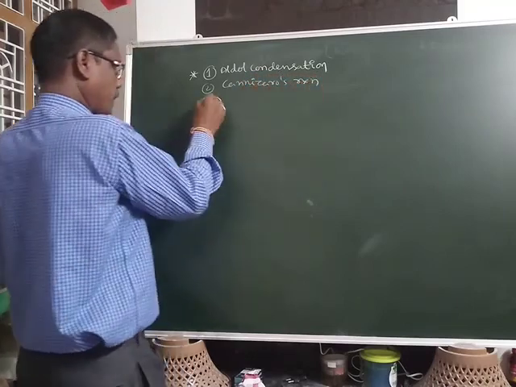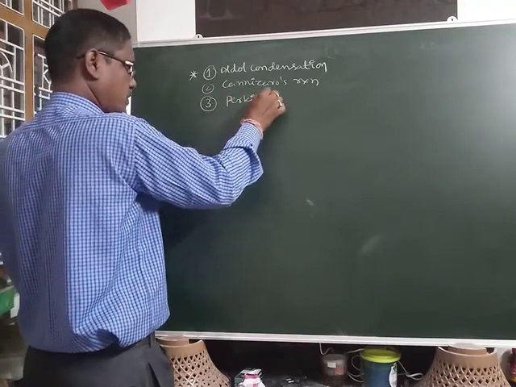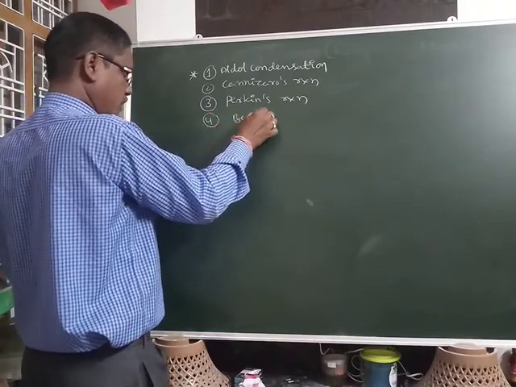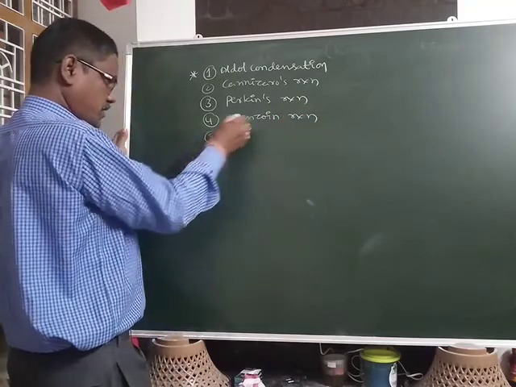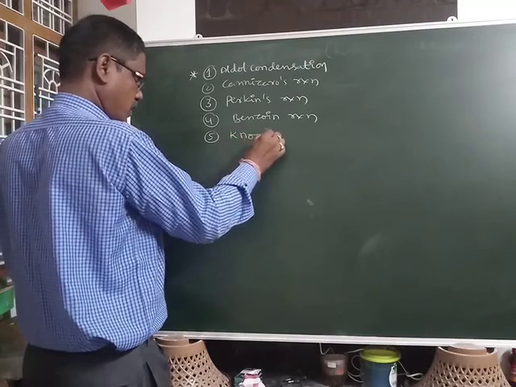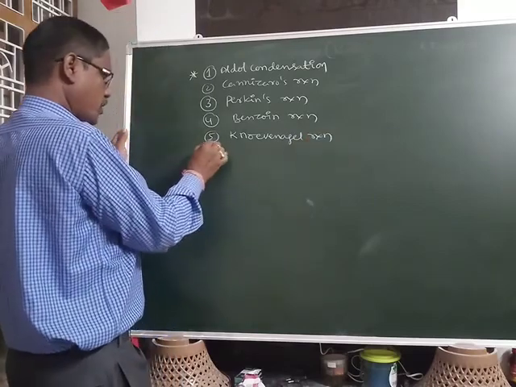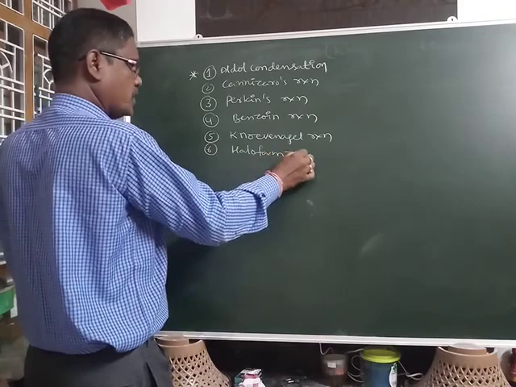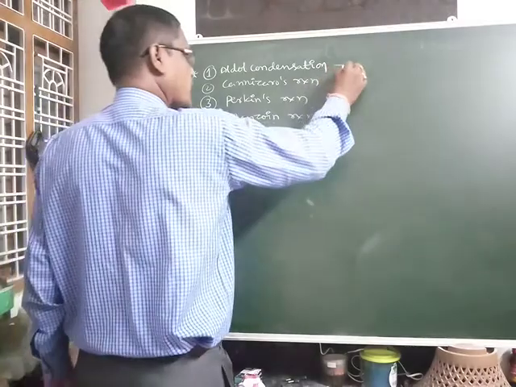Third is Perkin condensation. Fourth is benzoin condensation. Fifth, which we just completed, is Knoevenagel reaction, and one more, haloform reaction. So these are the very important named reactions.